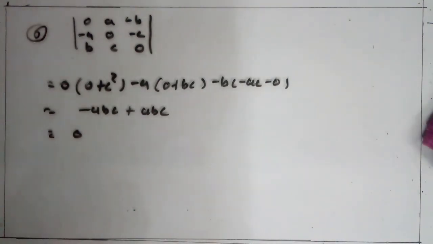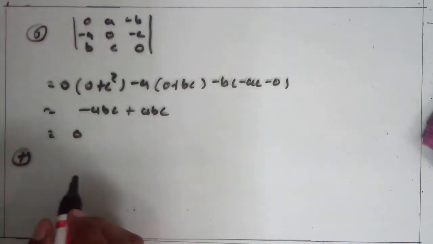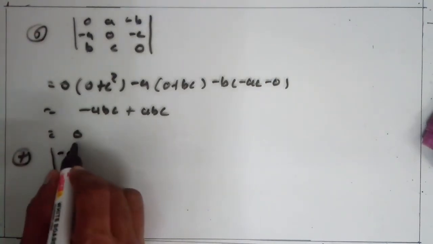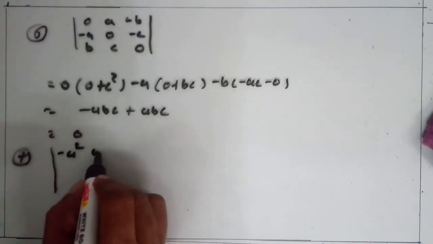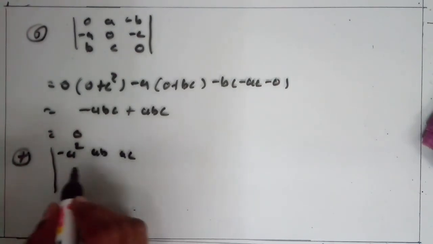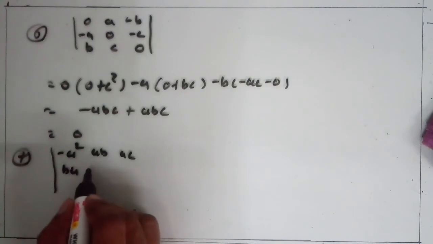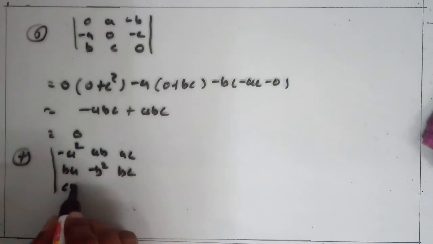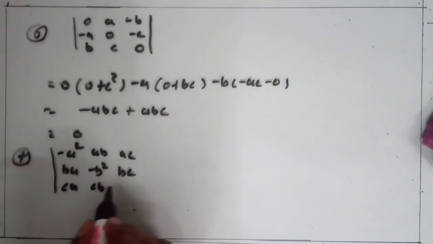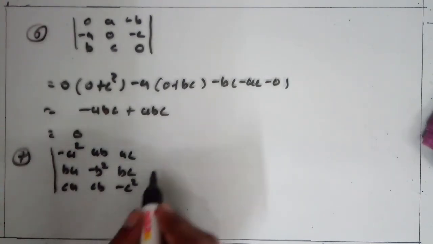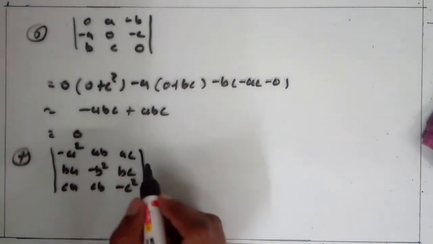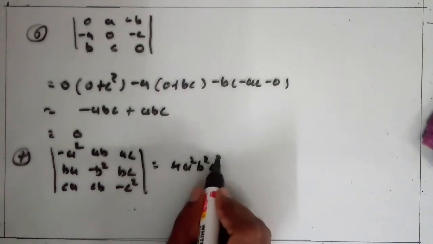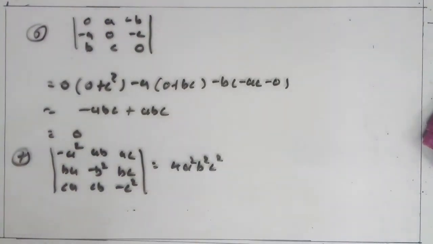Now question number 7. Prove that the value of the determinant minus x square, AB, AC; BA, minus B square, BC; CA, CB, minus C square is equal to 4 x square, b square, c square.